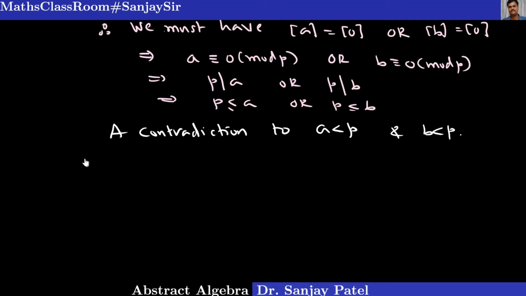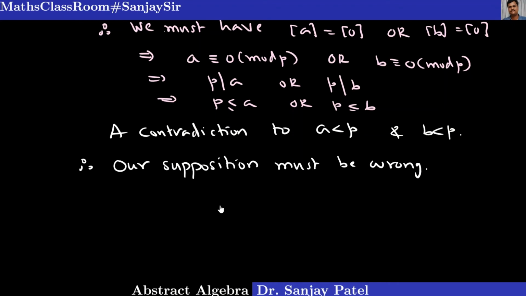Therefore our supposition must be wrong. What was our supposition? That p is not prime. Hence, we have proved that p must be a prime number.